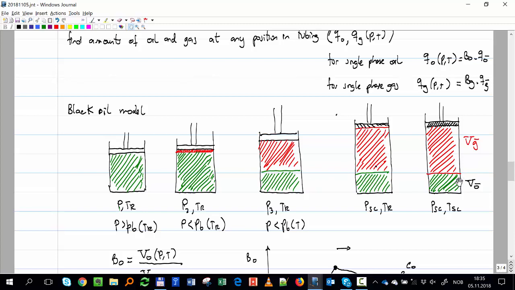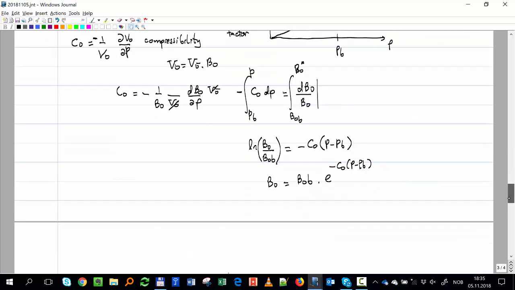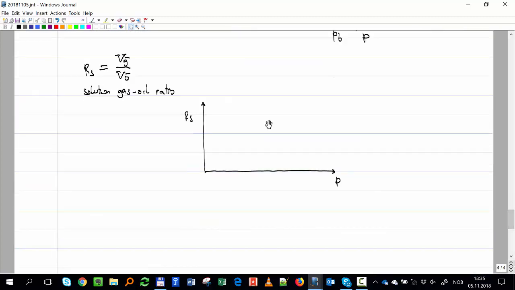So let's make first above the bubble point pressure. It's just constant. RS is constant, no matter what I do.